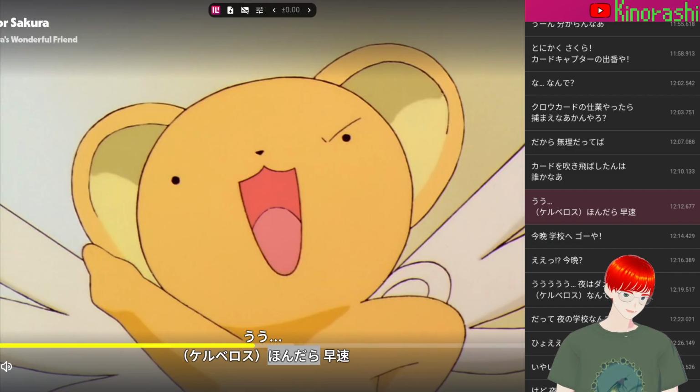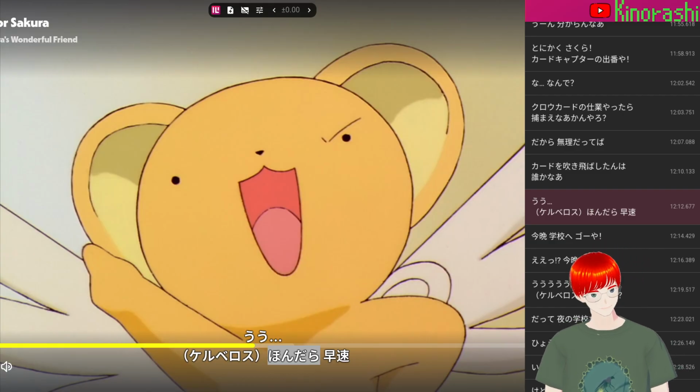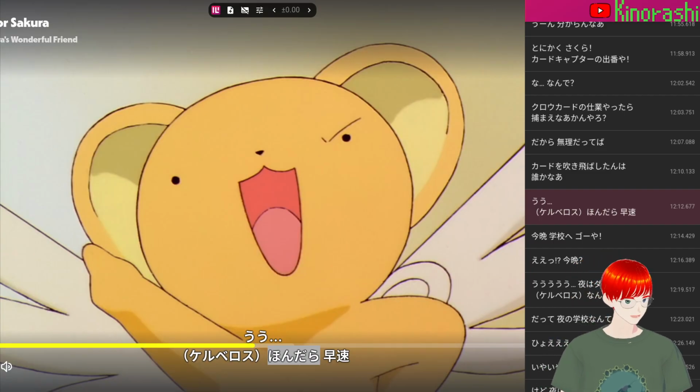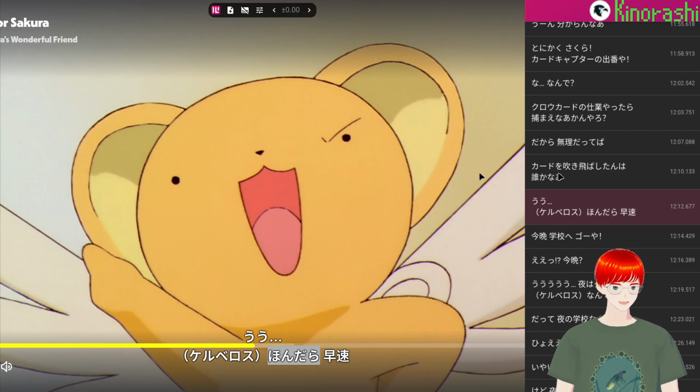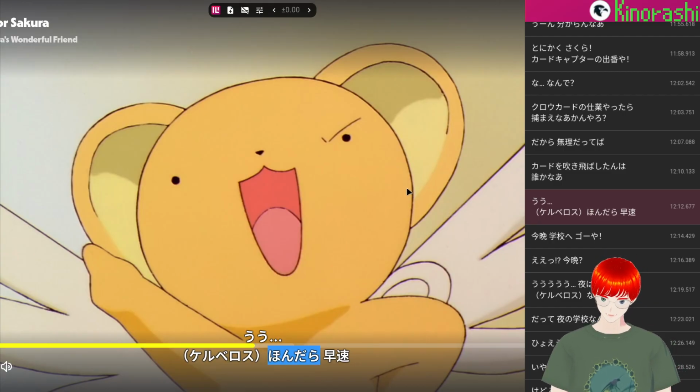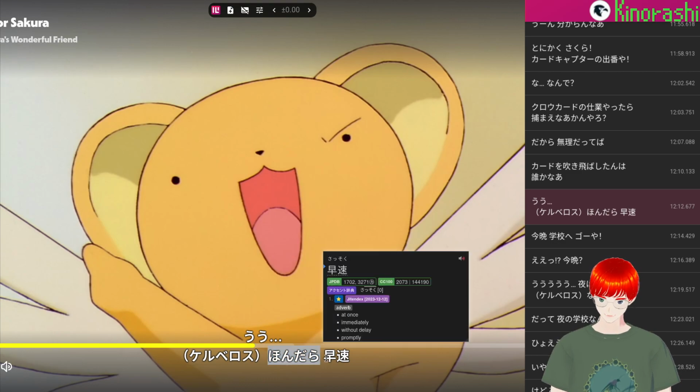It is a form of the Japanese standard expression sore nada. Okay, so from that essentially. No, that would be if that, which means if that is the case. Yeah, so if that. So Hondara, if that, okay. Hondara sasoku, if that's the case, leave at once or without delay, okay.